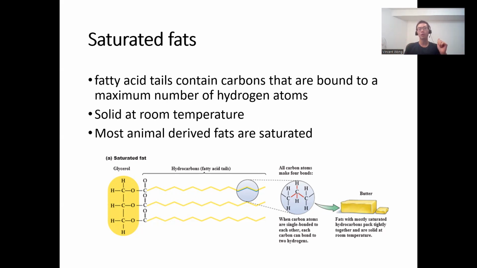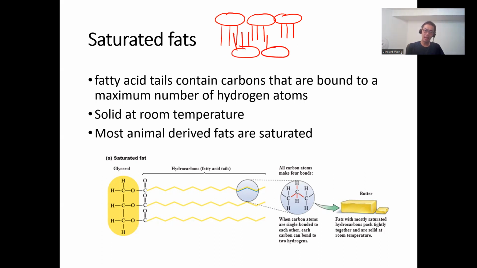It's saturated with hydrogen. In that case, if I have to draw a saturated fat, there's the glycerol, and when it's saturated with hydrogen, the tails are going to be straight like that. Now I'm going to put another saturated fat next to it, and another saturated fat next to it, and I can even put it down here. And you can see because the tail is straight, they can easily pack between each other, right?